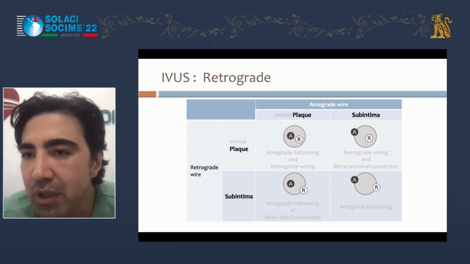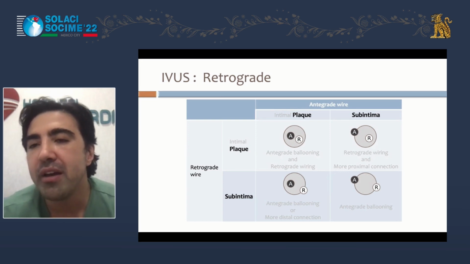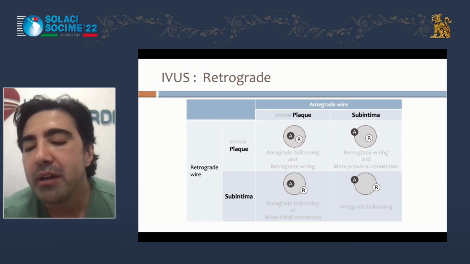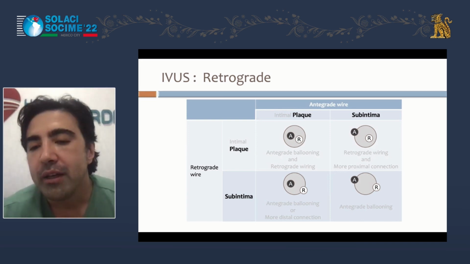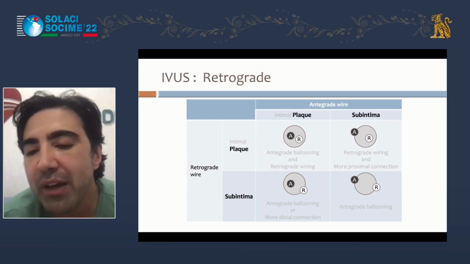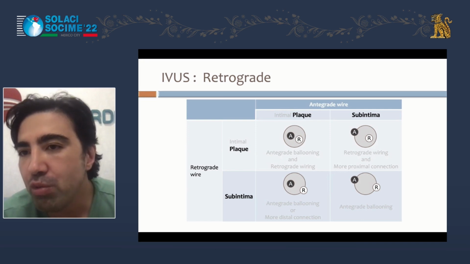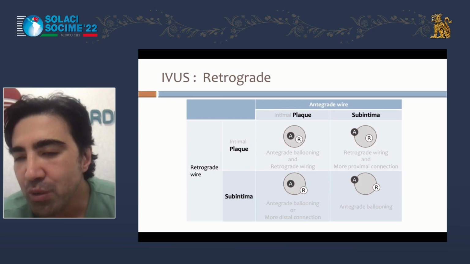But the best situation is when you have both wires in the subintimal space, like in the fourth diagram on my right, below. In this case, we balloon over the antegrade wire to connect both spaces with a balloon sized one for one according to the vessel.